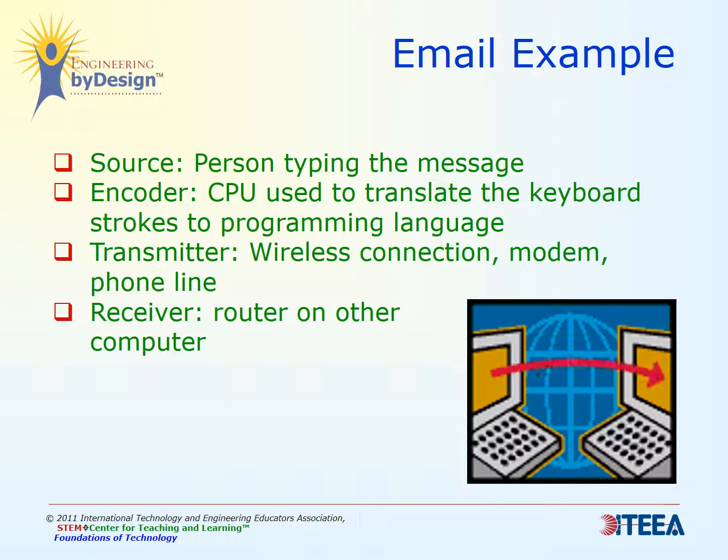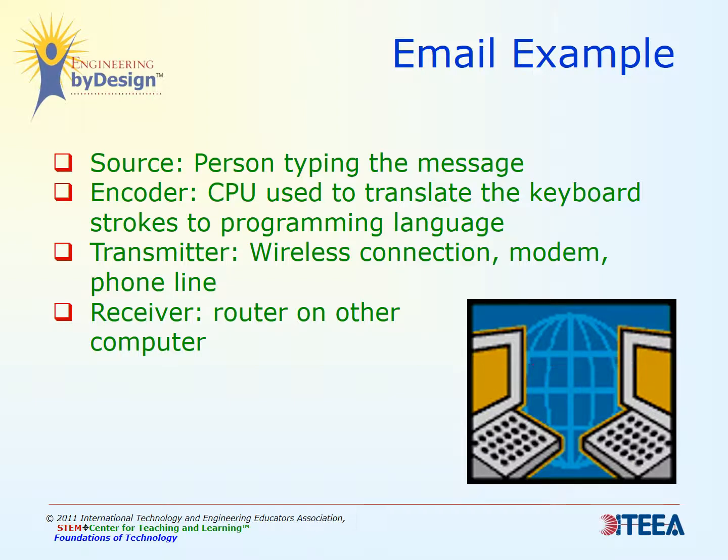The encoder, that's the CPU that's going to translate your keyboard strokes into a programming language. The transmitter could be your wireless communication, it could be your modem, or it can be your phone line, but that's what's transmitting your data. The receiver is the router on the other computer. See the line going back and forth?